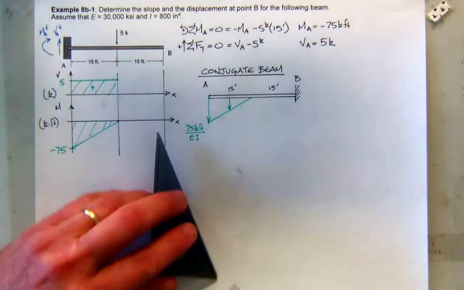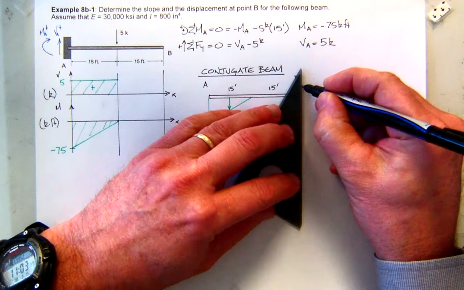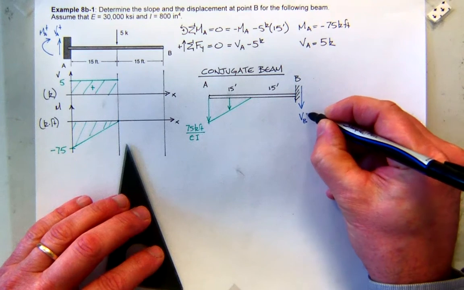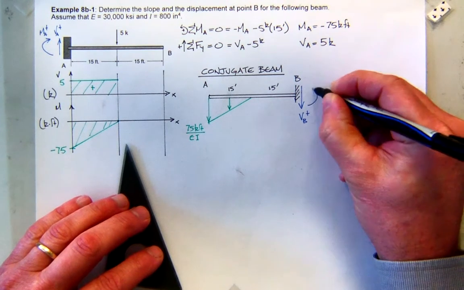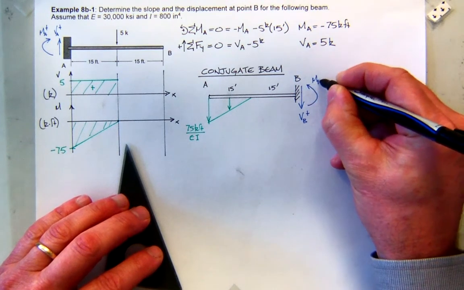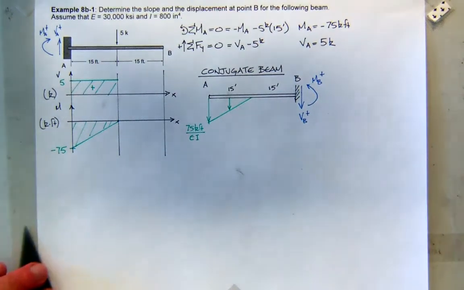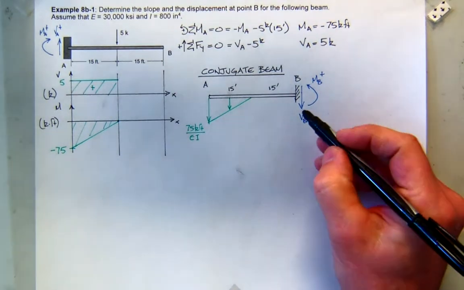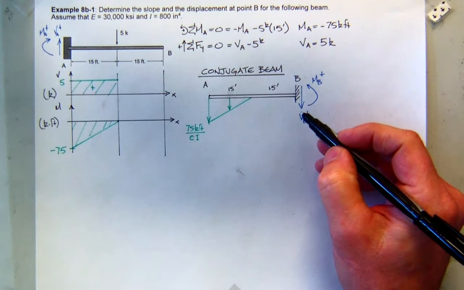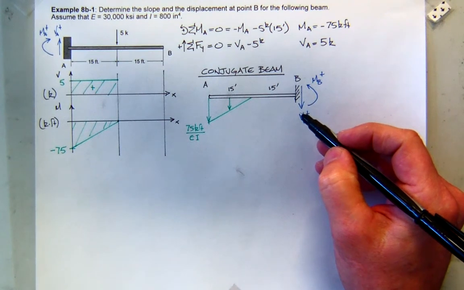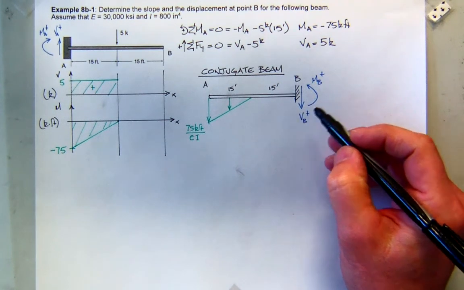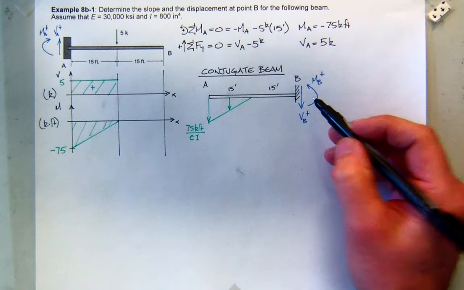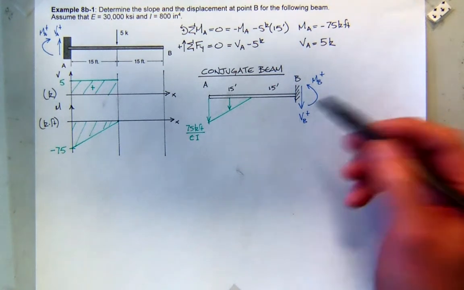So if I come over here and write that I know here's my positive shear at B and here's my positive bending moment at B, right? If I can find the shear here at B, what is that in the real beam? The slope. If I can find the moment here at B, what is that in the real beam? Displacement. That's what I want to know. So I just need to find these reactions and I'm done.